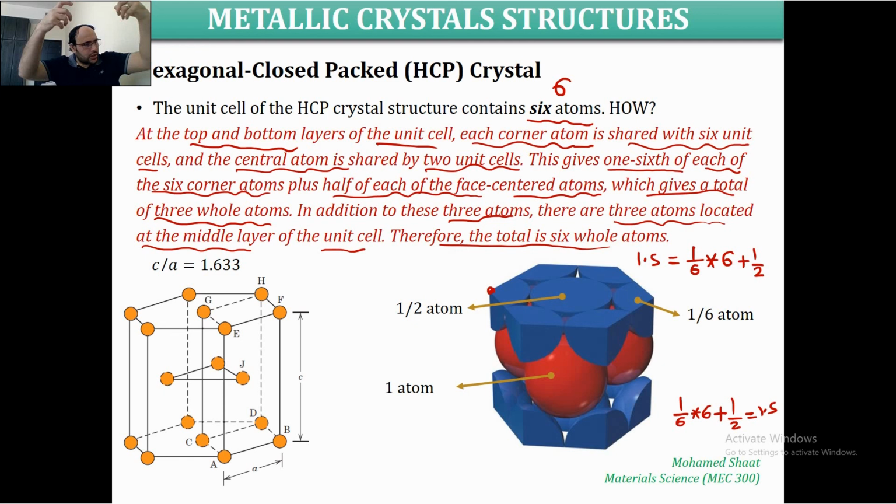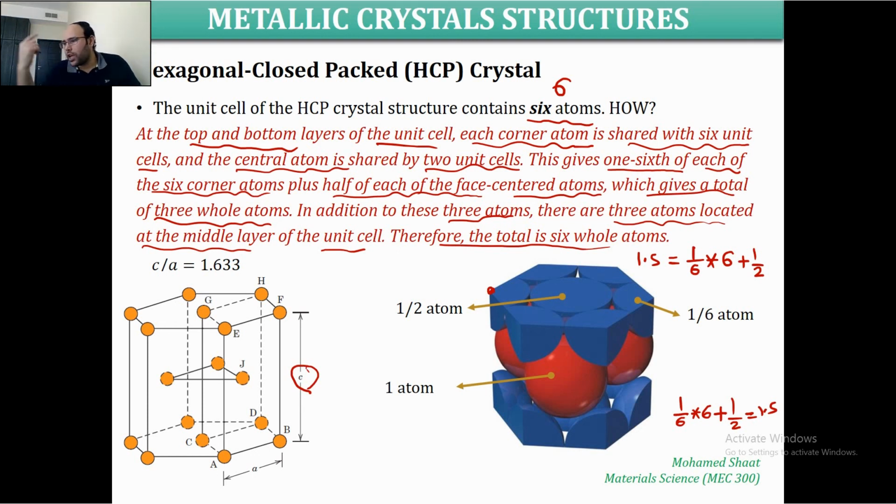But in addition to this one, there is another parameter, which is C. This C is the height of the hexagonal shape. This is another parameter. We didn't have this one before in the cubic. In the cubic, the height is equal to the side edge.